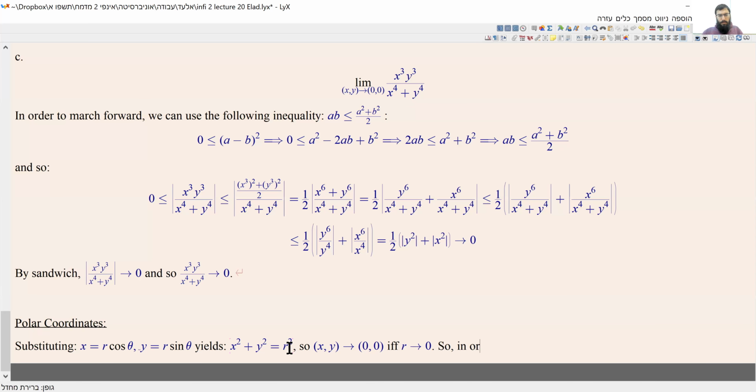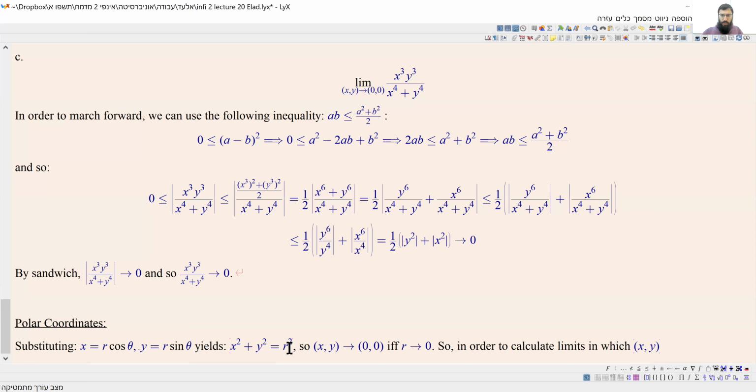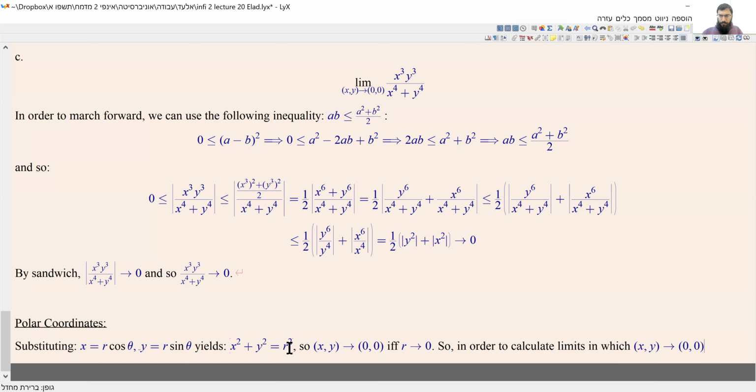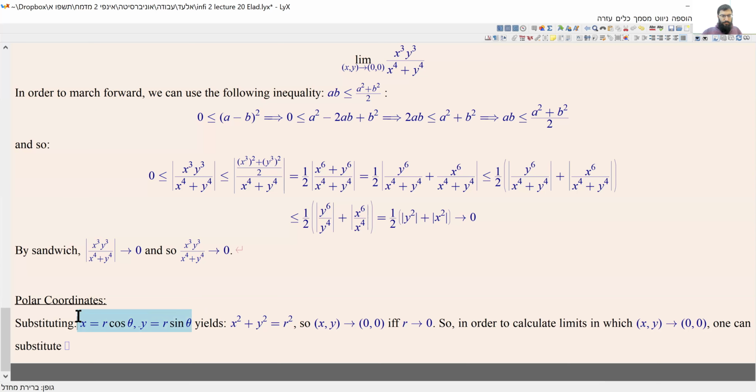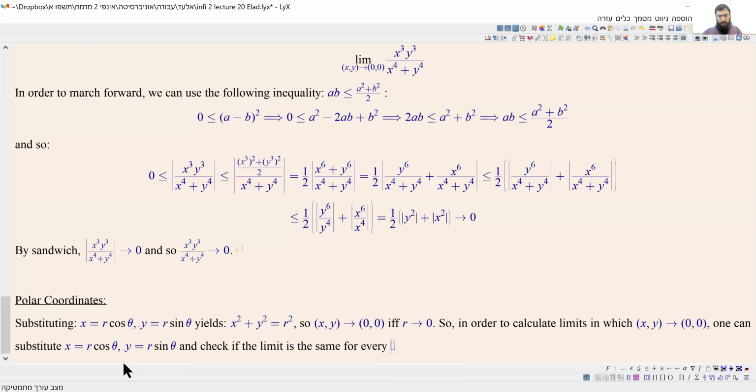So in order to calculate limits in which x, y goes to 0, 0, one can substitute and check if the limit is the same for every theta.